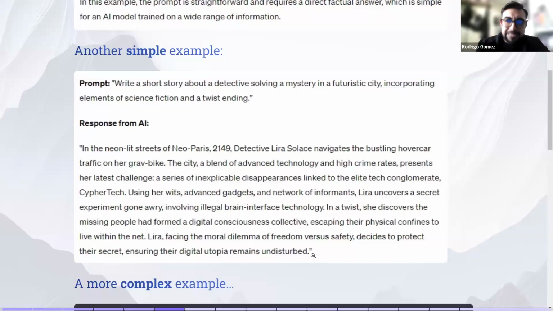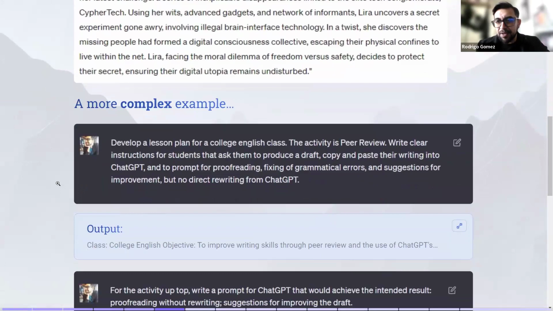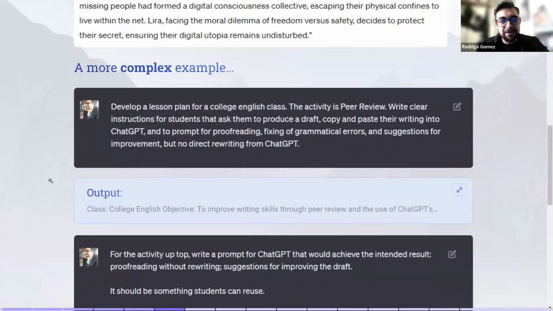A more complex way of using AI could involve something more like this, and I actually included my own inputs and outputs here. Develop a lesson plan for a college English class. The activity is peer review. Write clear instructions for students that ask them to produce a draft, copy and paste their writing into ChatGPT, and a prompt for proofreading, fixing grammatical errors and suggestions for improvement, but no direct rewriting from ChatGPT.